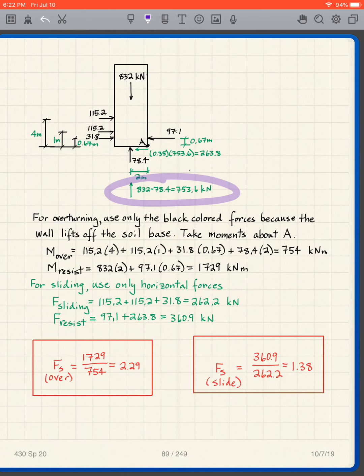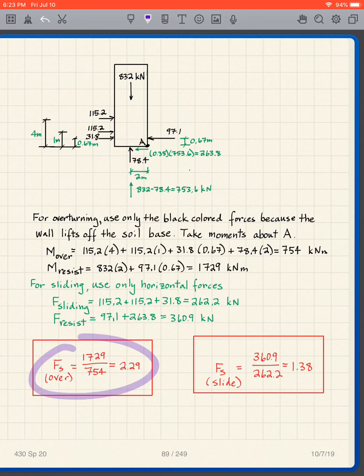That 753.6, I use the coefficient of friction 0.35, gives me the frictional resistance of 263.8. So you want to make sure that you only use this one in computing the frictional resistance. Why? Because the 78.4 represents the water. Well, the water doesn't have friction. It doesn't resist friction. So we just stick with this one.